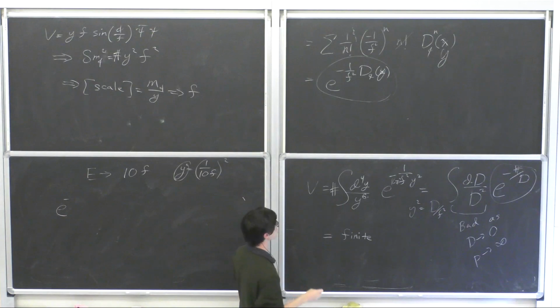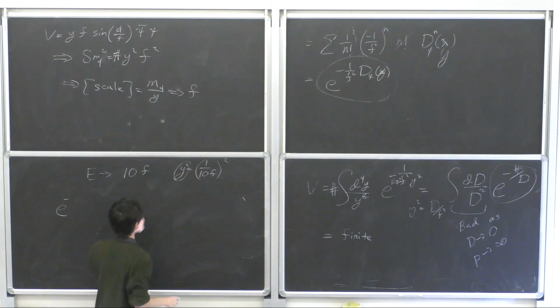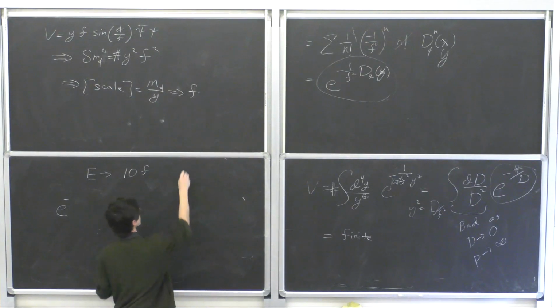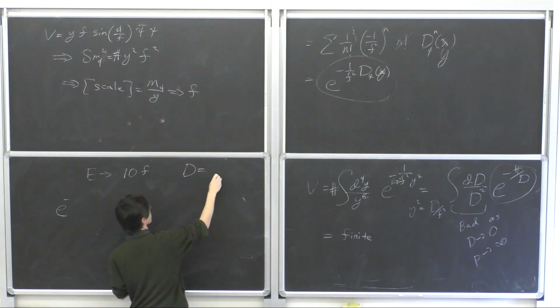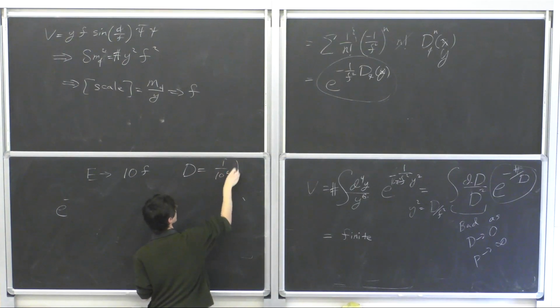Y was also a bad choice. Okay, let's go back to capital D. This is distances of 1 over 10f squared.